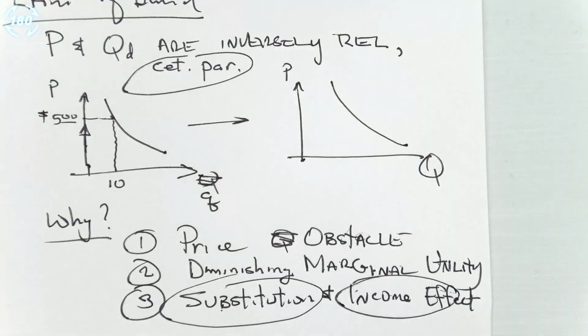So if you got 10 gallons of gas in your shopping basket, and the price of that goes up and you're always living on $200 a week, guess what? You're going to have to throw something out of your basket, okay? That's because your real income went down. Heck, you kept making $200 a week. The boss didn't cut your salary, but the price of gasoline went up. That's the income effect.